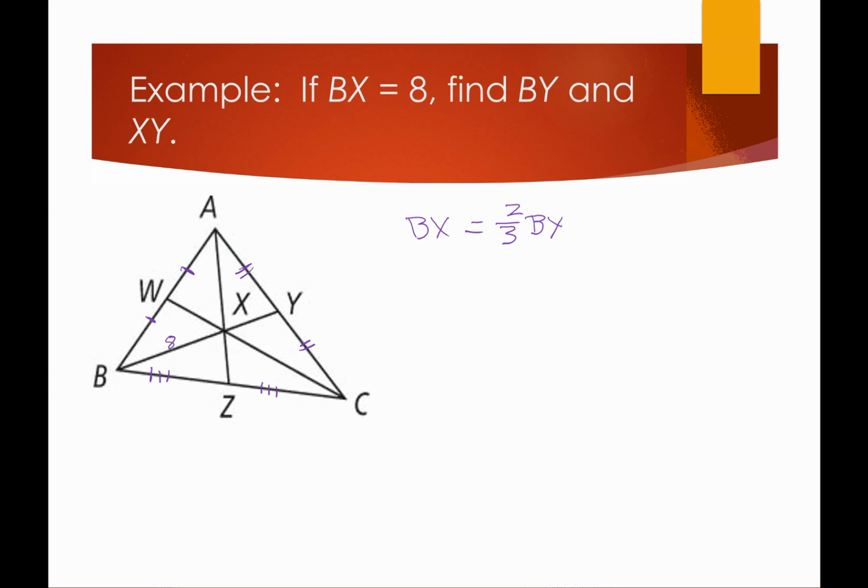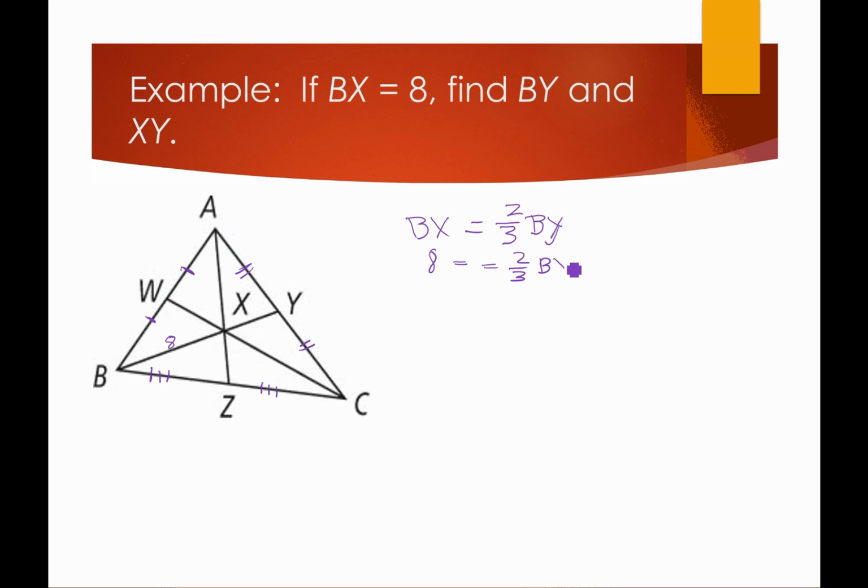So we can substitute 8 for BX and solve 8 = 2/3 BY.